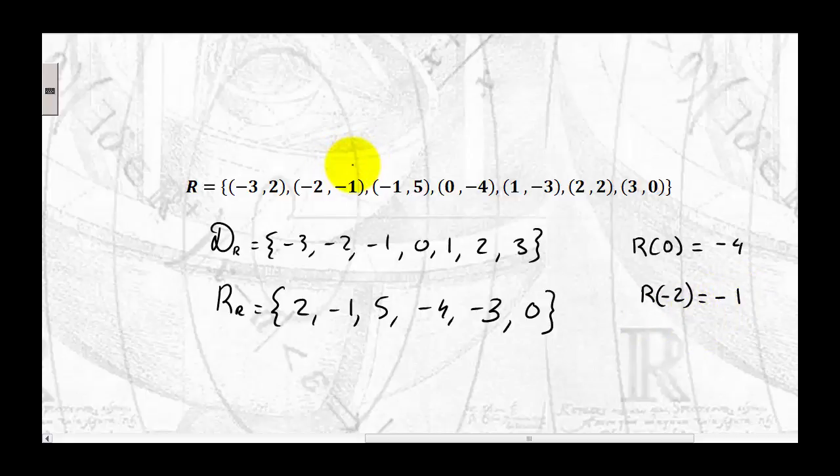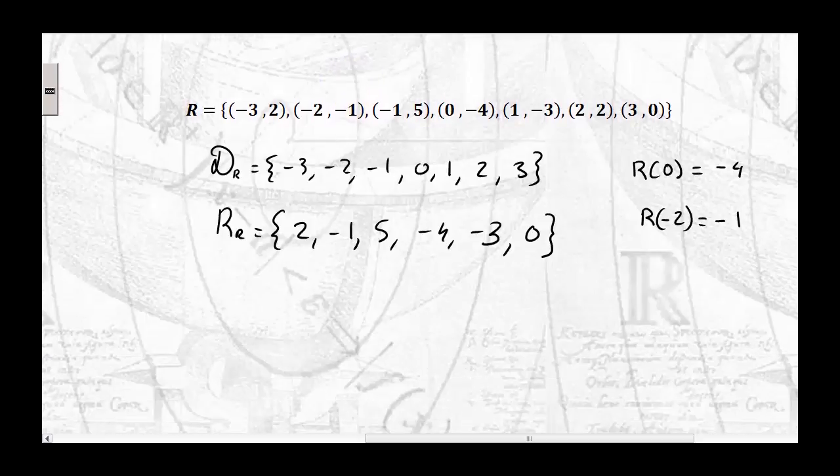Okay, so what do we call the inverse relation of R? It's very simple. The inverse relation of R is the relation that is defined by flipping all the coordinates of R. So right here you would have 2, -3. And then you would have -1, -2.